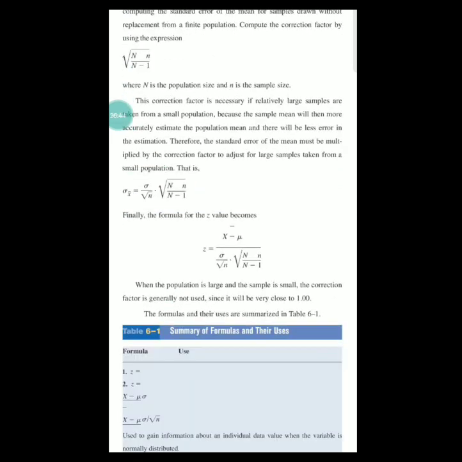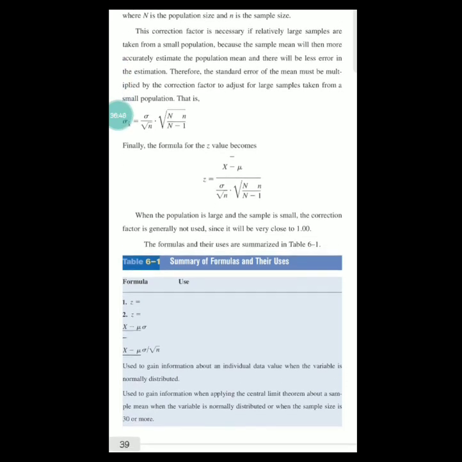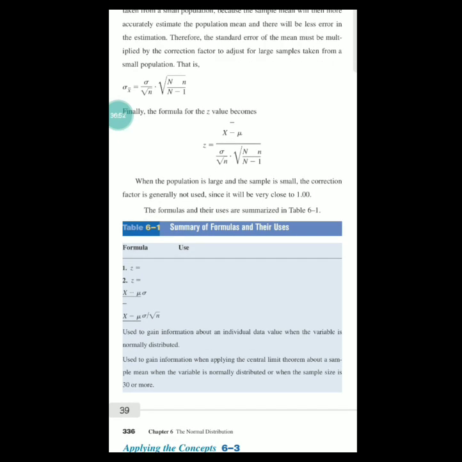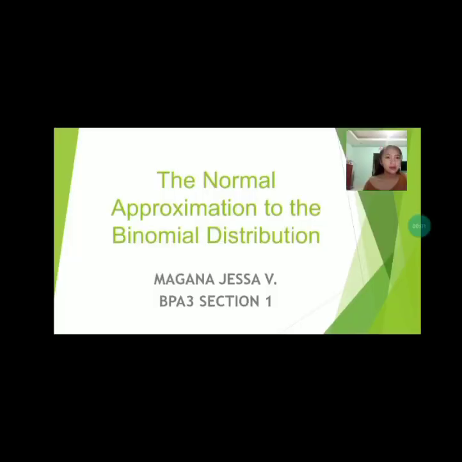So x bar is the symbol for our sample mean, while x alone is the symbol for our individual data. The formulas and their uses are summarized in Table 6.1. So that's the end of my presentation.